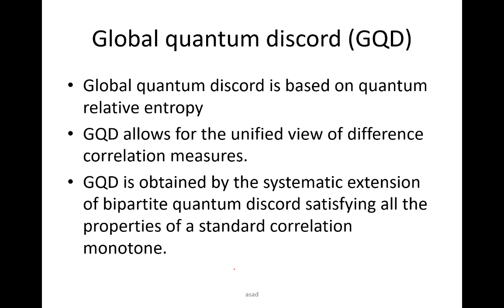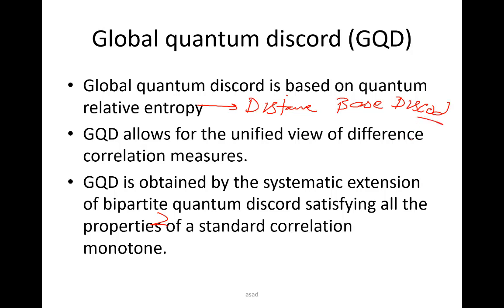Global quantum discord is based on quantum relative entropy, and quantum relative entropy is a better quantifier of correlation, as this is distance-based discord.